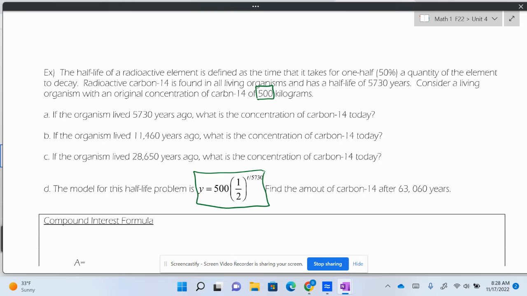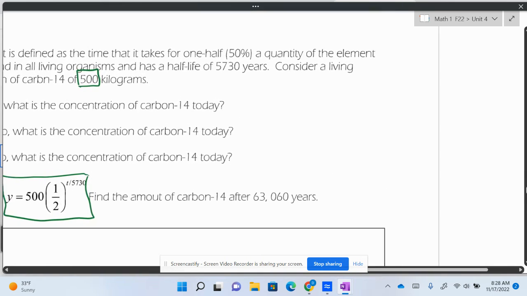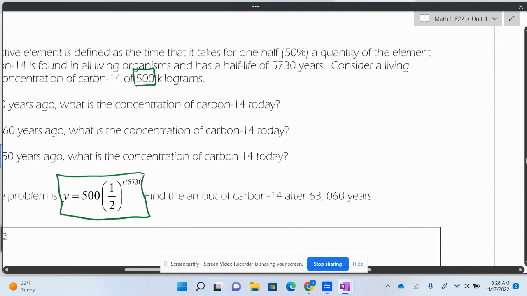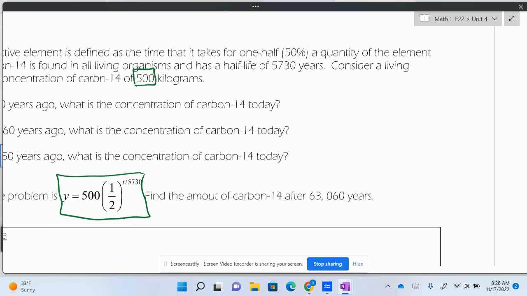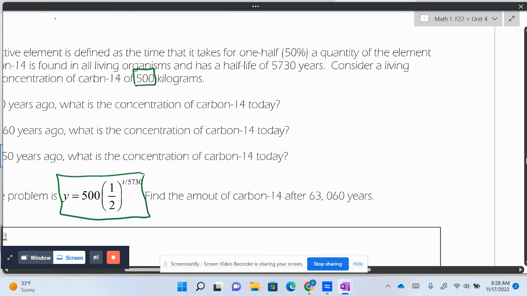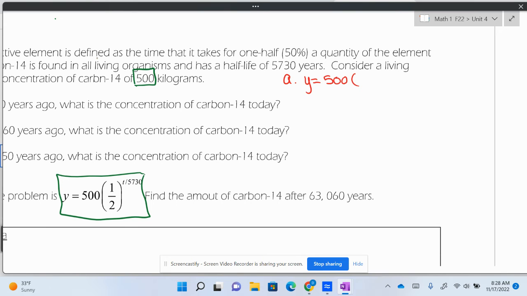And I know there's not a whole lot of room, so I'm going to shift over to this side because I write big because I want you guys to see this. So this is the function that we're using because we have to take our time and divide it by 5,730. It's already written for us. For part A, y equals 500 times 50%, which is the same thing as 1/2.